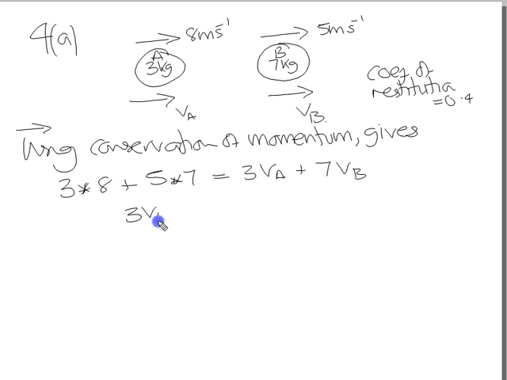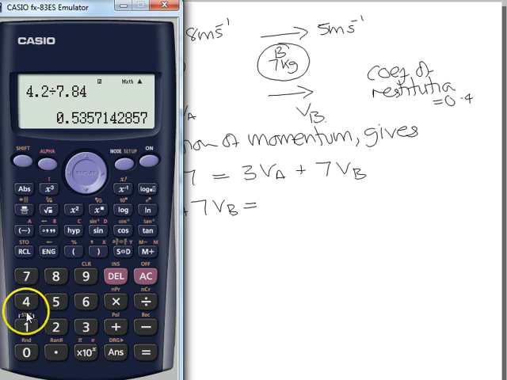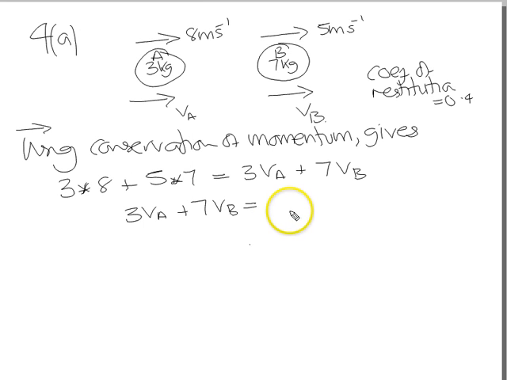So that gives us 3VA plus 7VB equals, reading from right to left, 24 plus 35, which is 59. That's equation 1.